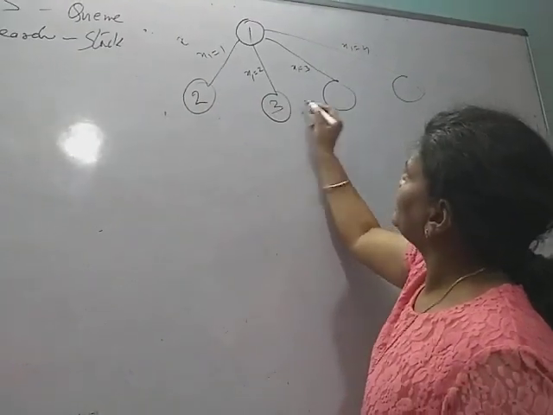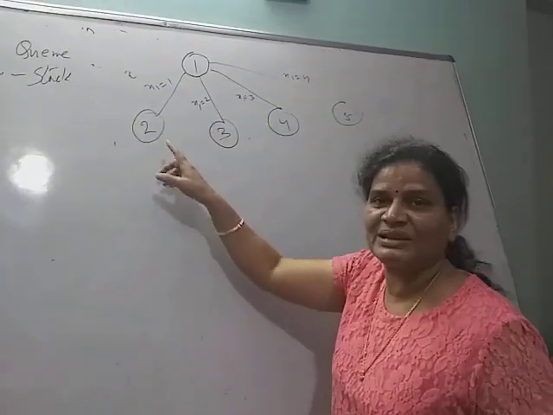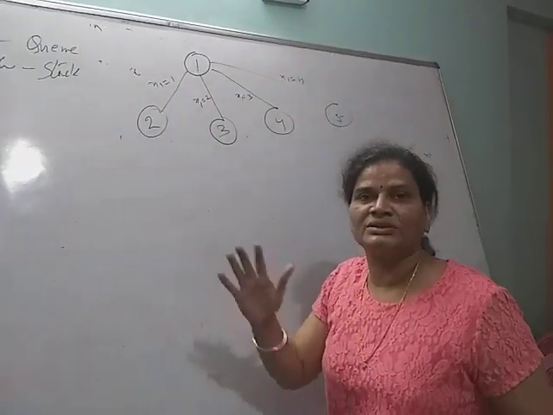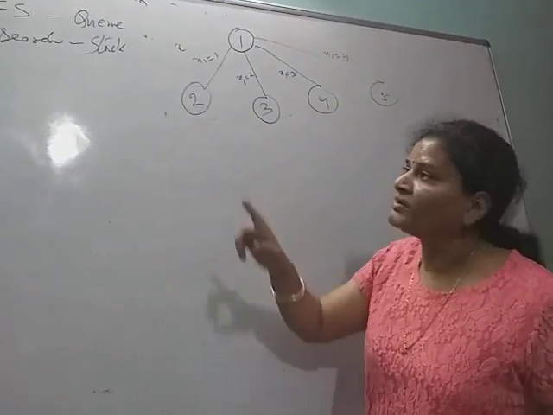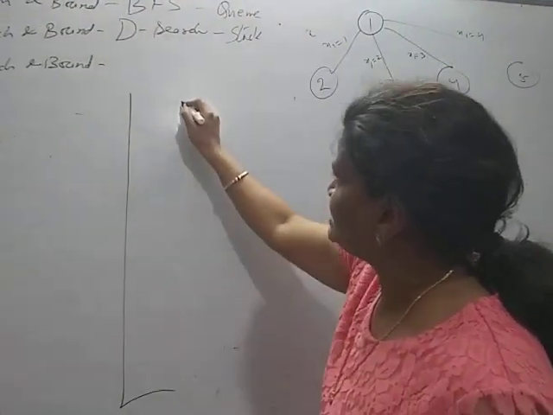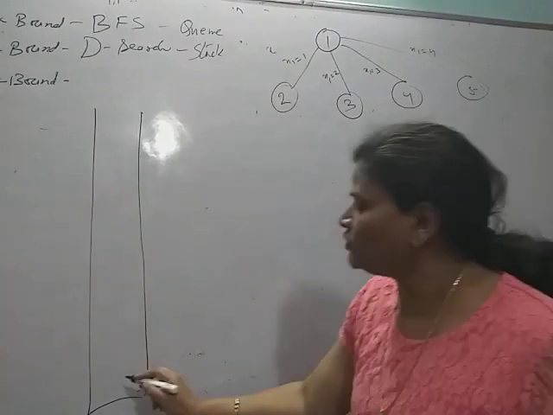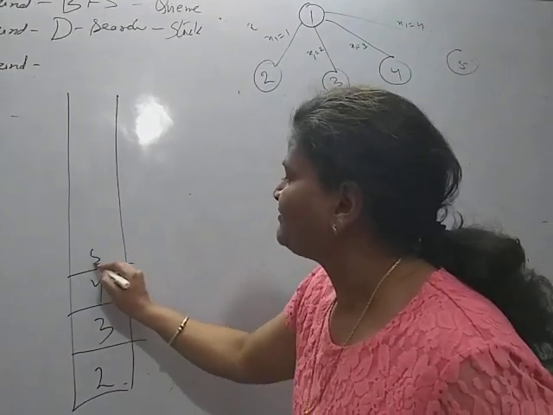In FIFO branch and bound, I placed these live nodes into the queue, and the front element of the queue became the next E node. In the case of LIFO branch and bound, these live nodes will be placed into the stack: 2, 3, 4 and 5.